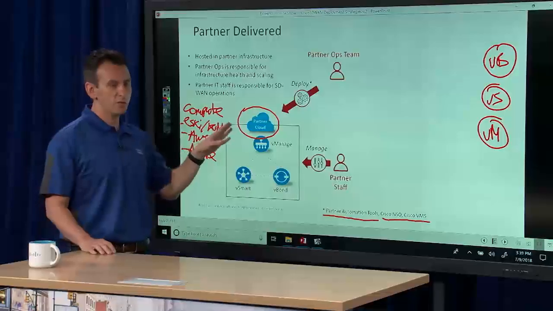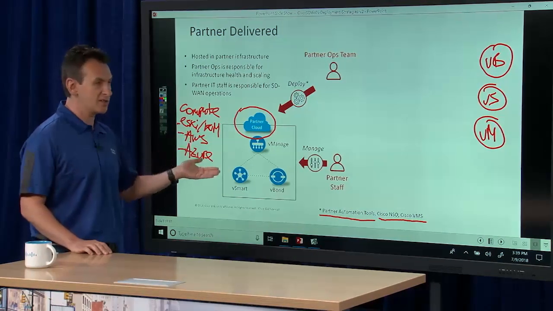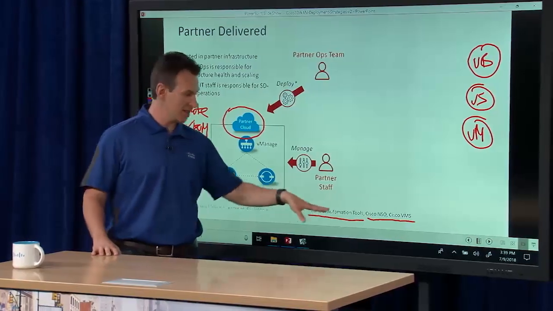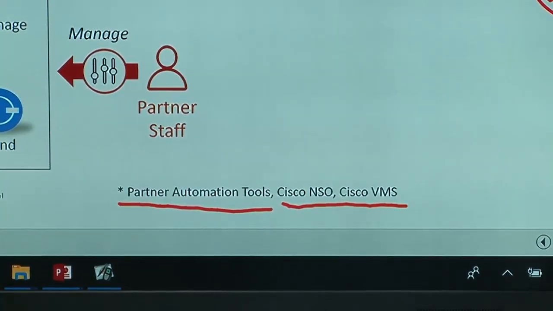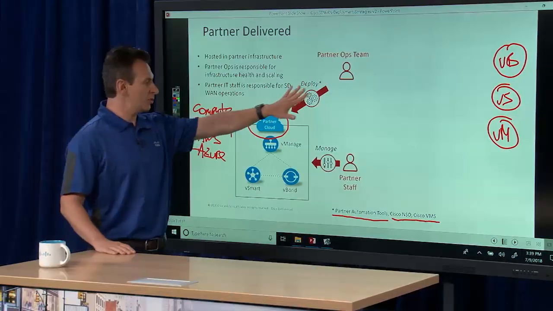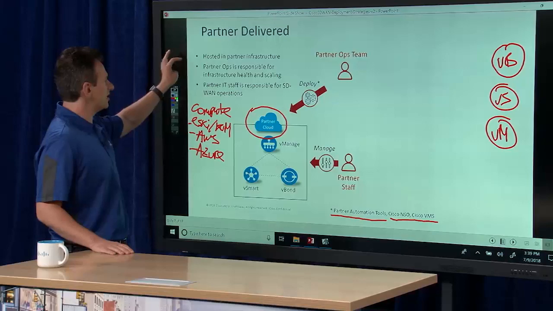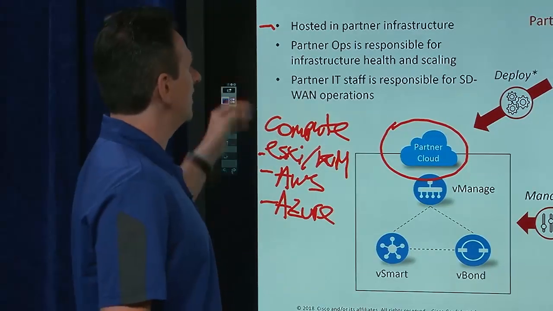Right, so partners who want to launch this service and want to provide a value-added service to their customers don't have to completely start from scratch. They can leverage things that we offer, potentially even leverage things they already had. Right? They would be deploying this onto their own compute infrastructure. Again, it's hosted in their own infrastructure, wherever that thing is.